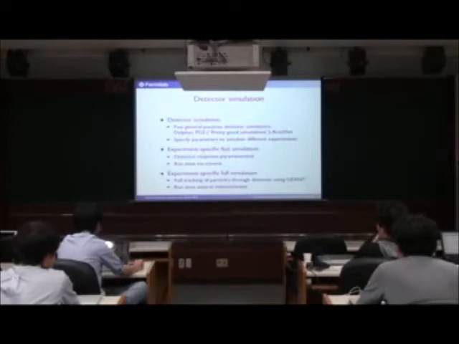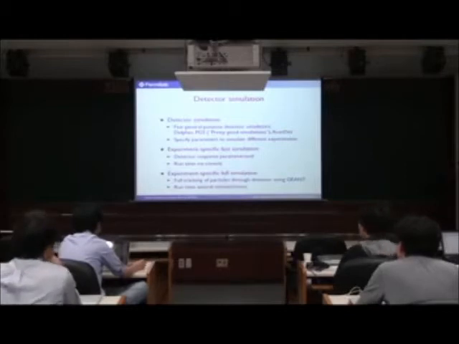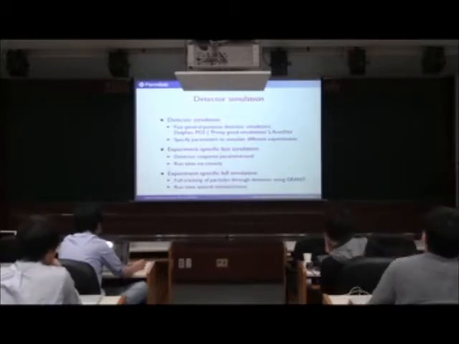Then, of course, the experimental groups have to use their own detector simulation. So you have fast experiment-specific simulation, where the response of the detector is parameterized according to some functions, and the runtime is typically between milliseconds and seconds for one event.